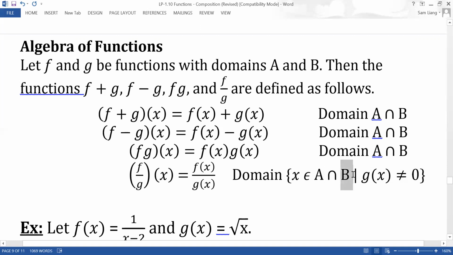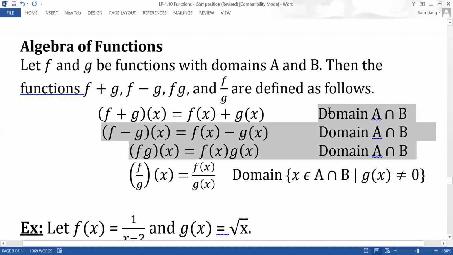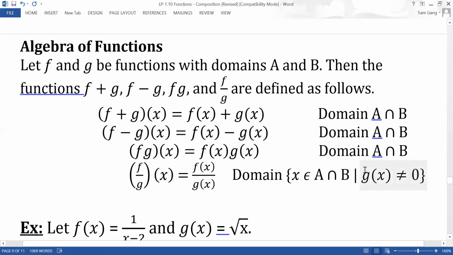Basically the first half of this bracket is this part, so it's these three, the same thing. But we have an added condition that g of x can't be 0, because g of x is in the denominator, so we can't have that be 0. Otherwise it will be undefined. So we just have that extra condition for the division of functions.